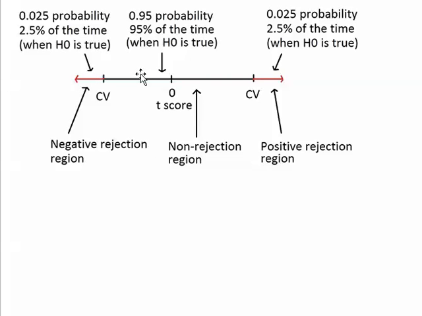So basically, when H0 is true and the population means are actually equal, the sample means are likely to be close together. So t is likely to be around zero, and t is unlikely to end up way out here or way out here.